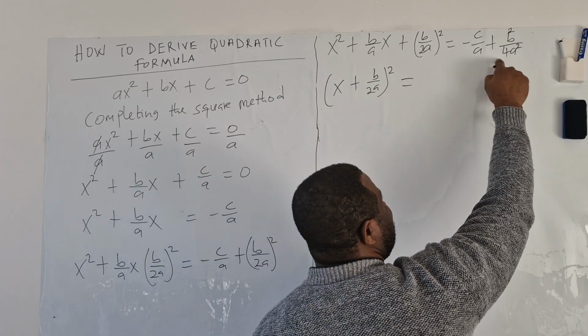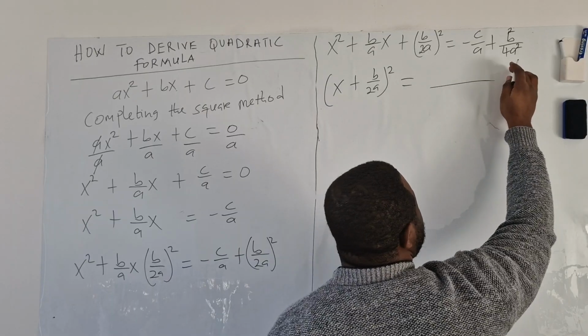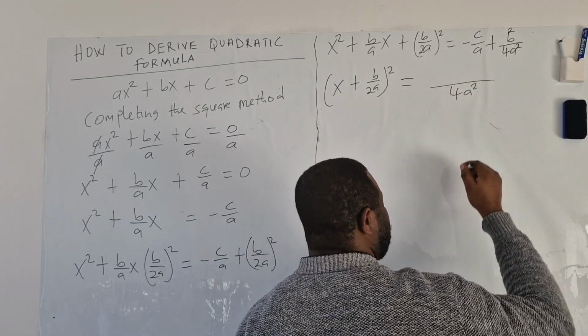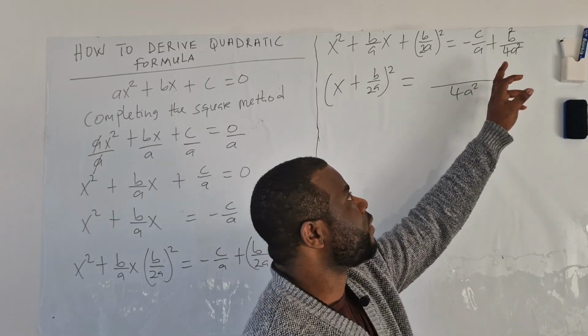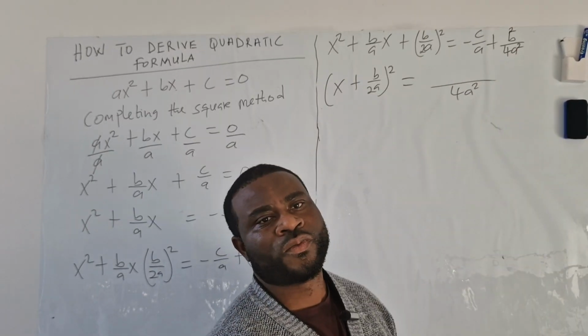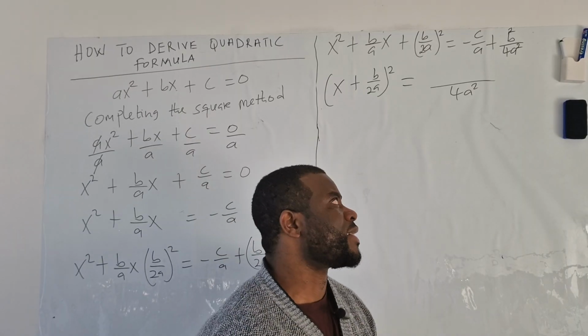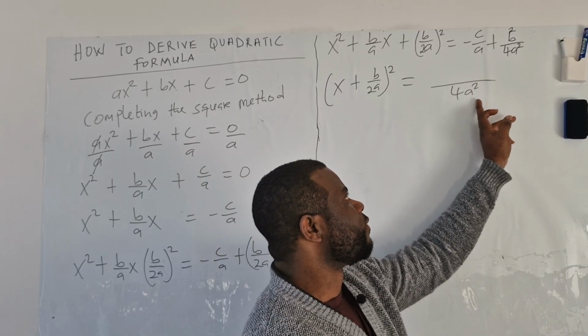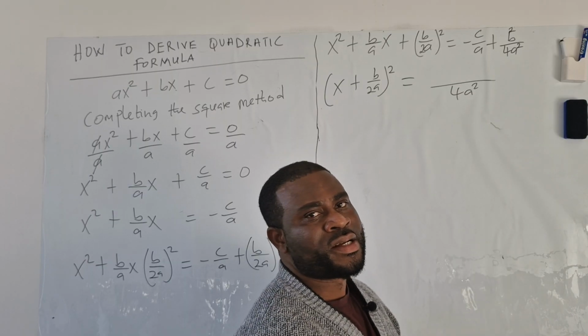Now this addition of fractions, you find the LCM, and the LCM is 4a squared. Yes, because 4a squared can go into itself, and a can go into 4a squared. So 4a squared becomes the LCM here. Now at this point, a goes into 4a squared how many times?